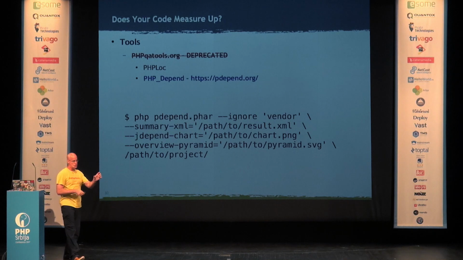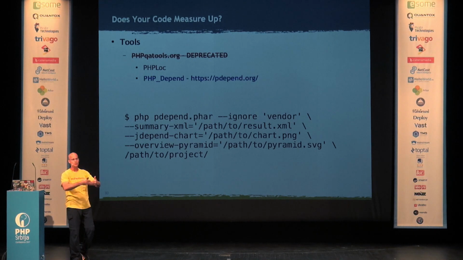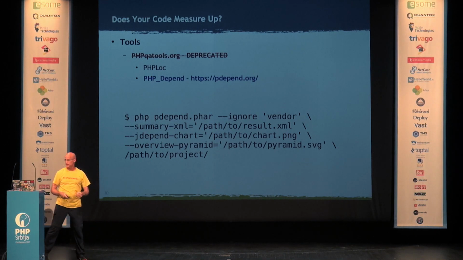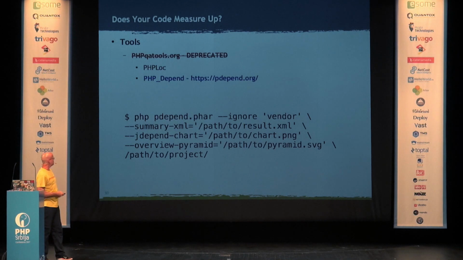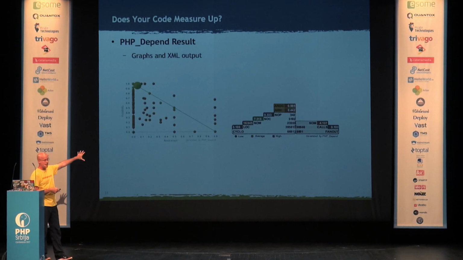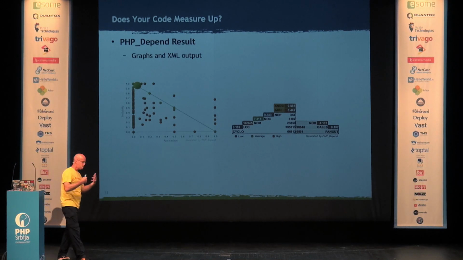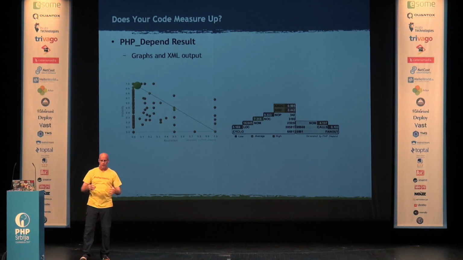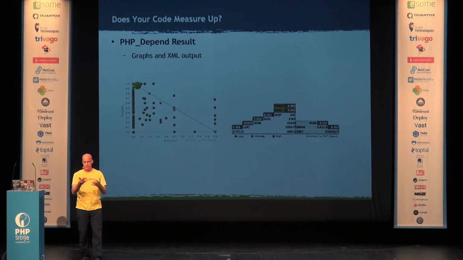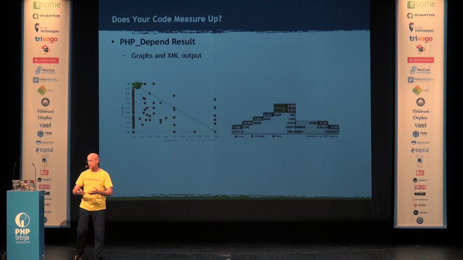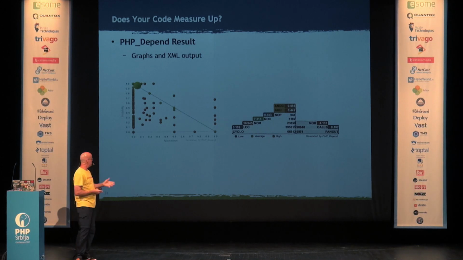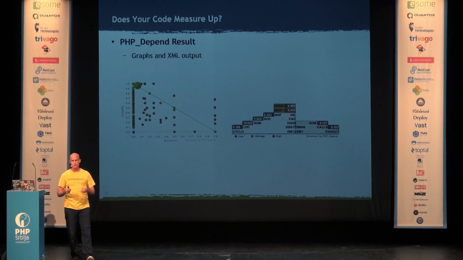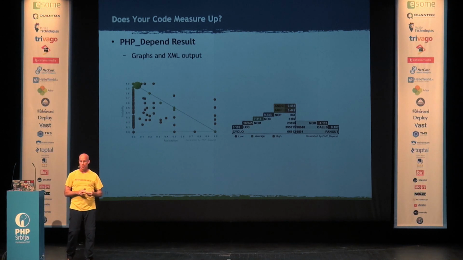PDepend.org is what gives you all the statistics of what each of those numbers mean and what that chart means. So it's a very good resource for giving that information of how these break down. And again, it helps you know how abstracted your application is and how dependent different classes are upon each other. And it really will give you a good solid benchmark of how stable is my application.